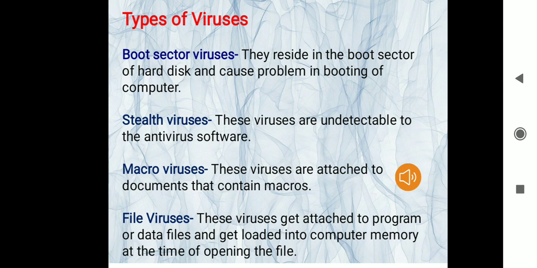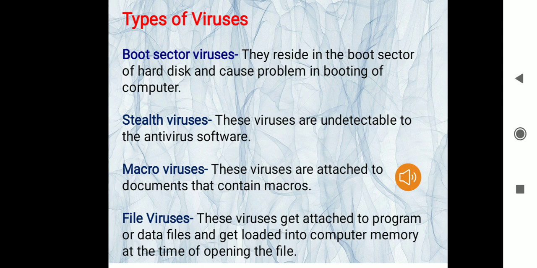And then at number 3 in the list are the macro viruses. The term macro viruses consists of two words, macro and viruses. Out of these two, you are already familiar with the word virus, and you are now left with the word macro. So macros are just programs that are attached to documents.